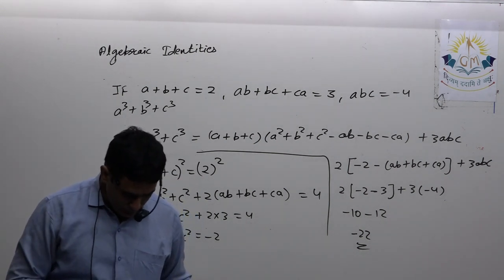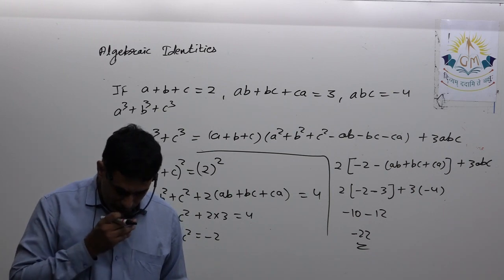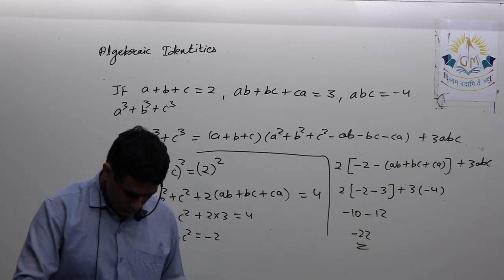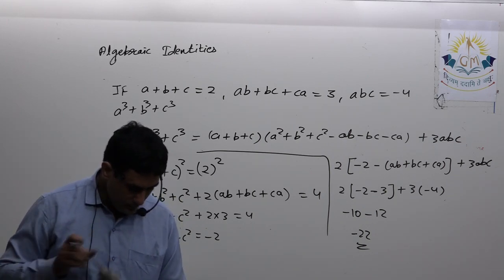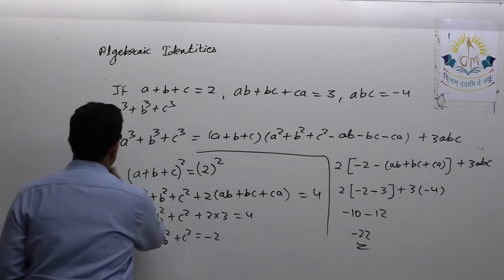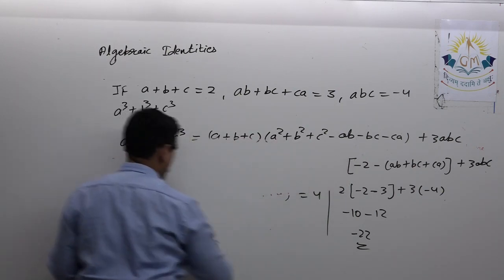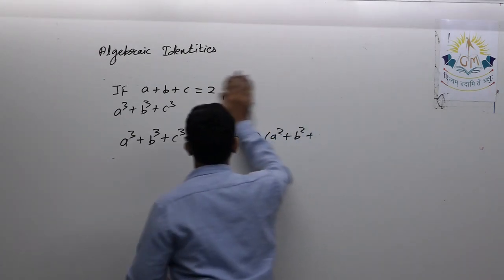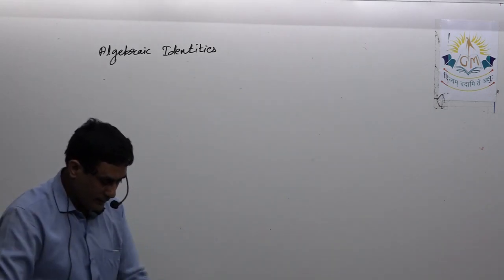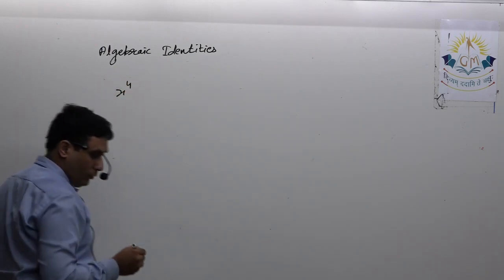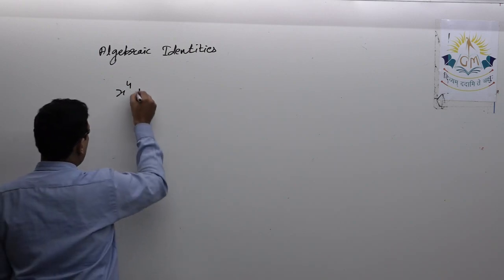Okay, now we'll see some questions related to factorization. Okay, factorization, very first question: factorize x raised to 4 plus x square plus 1.